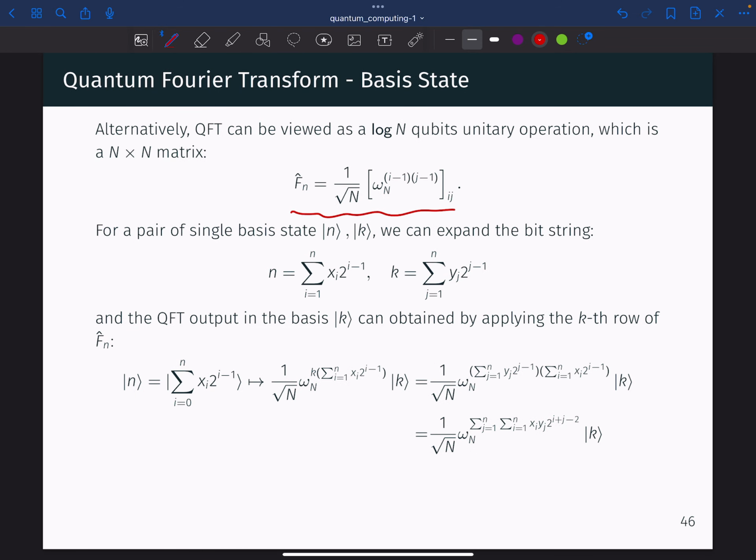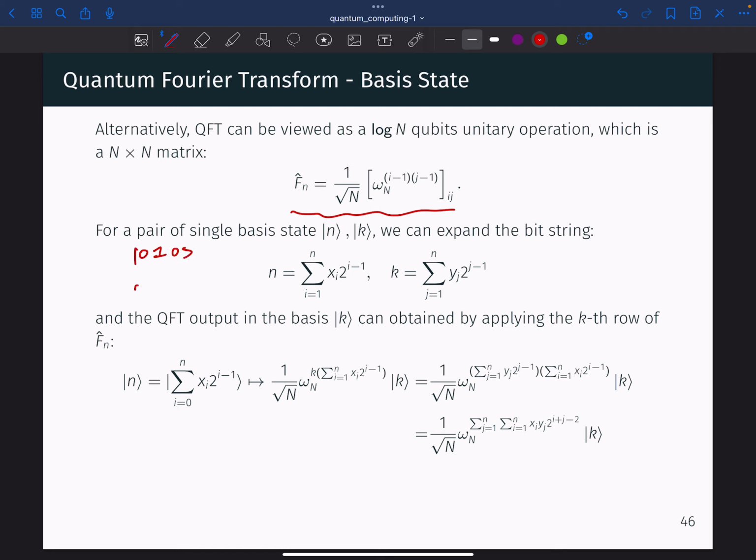So you can expand the basis string, I mean this n and k, you expand the binary string into actual numbers. So for example, you can have, let's say 0, 1, 0.